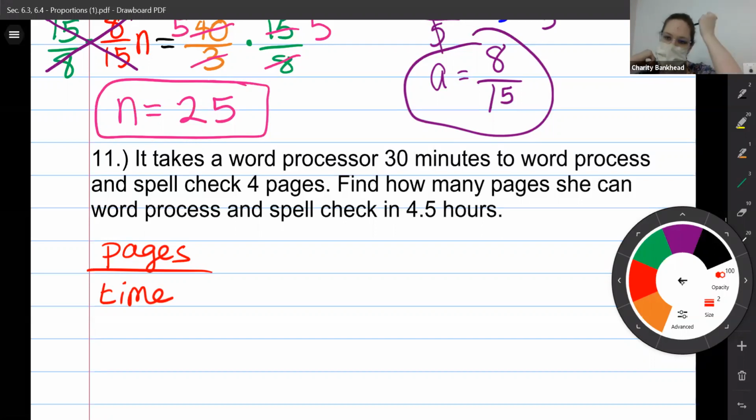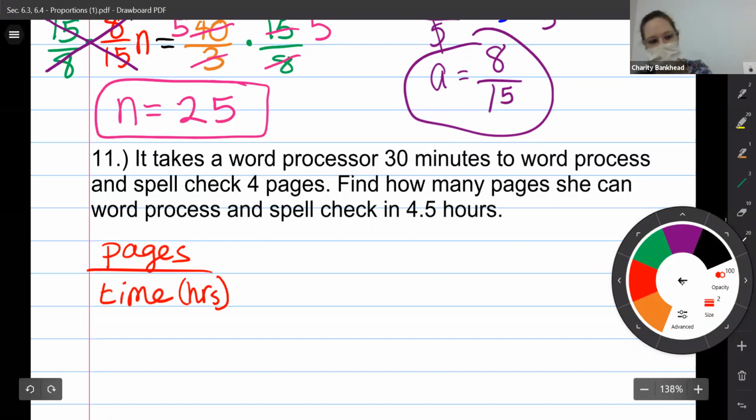So I know that 30 minutes is half an hour. So to me, it's easier to just say, okay, 30 minutes is 0.5 hours. So I'm just going to use hours for my time. All right. So 30 minutes is the same thing as 0.5 hours. All right.